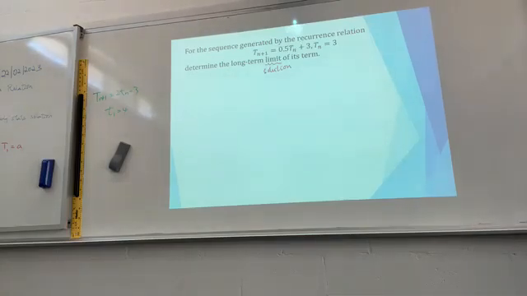You know that in the long term, Tn equals Tn plus 1. Correct? So substitute Tn equals 0.5 Tn plus 3. So therefore, 1.5 Tn equals 3. Tn equals 2.